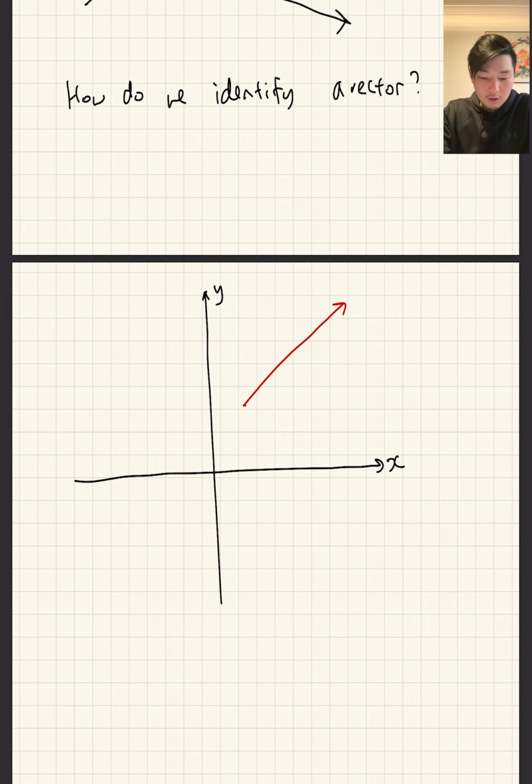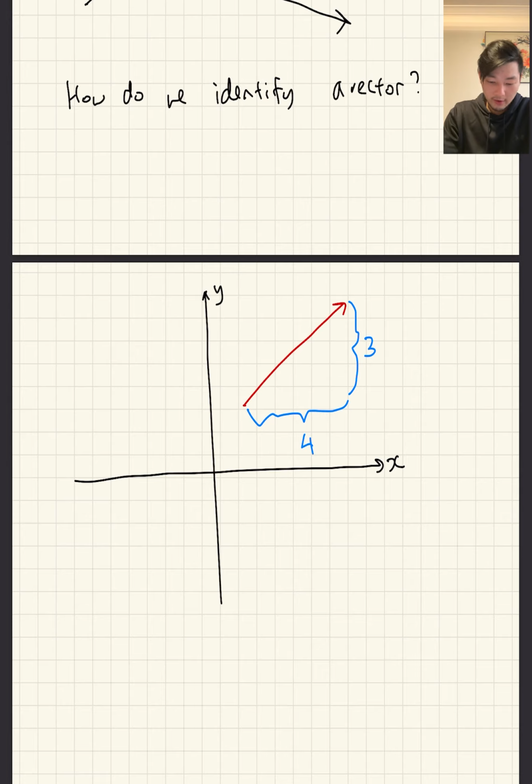So how do we describe this vector? A simple way we can describe it is just how far does it go to the right and how far does it go up? Let's say it goes to the right by 4 units and it goes up by 3. Now let's give this vector what we call a column vector.